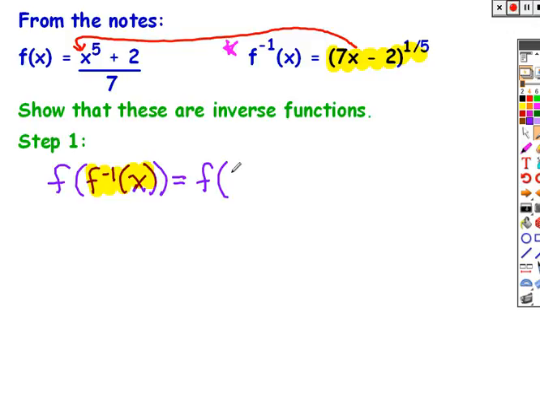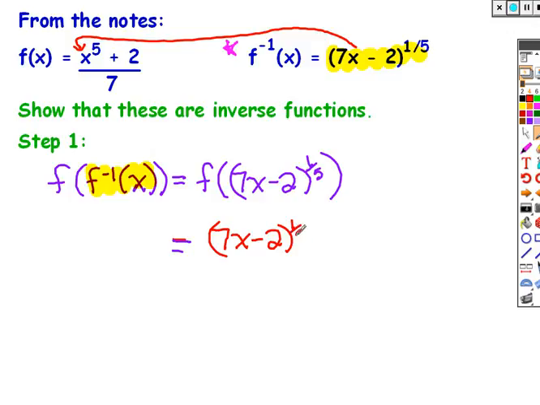So f of, well, the inverse is this. So I'm taking this and I'm plugging it into the original function, which would give me, okay, so here it is, I'm plugging this in, 7x minus 2 to the 1/5, plugging that into function f.